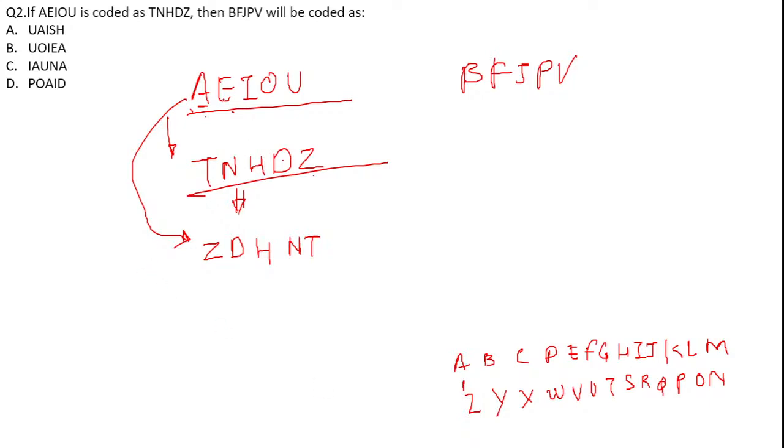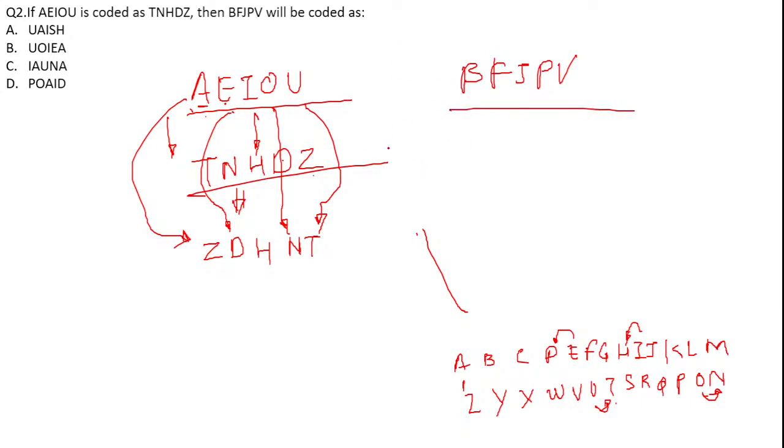And then previous letter to E is D. Similarly, previous letter to I is H. Previous letter to O is N. And previous letter to U is T.